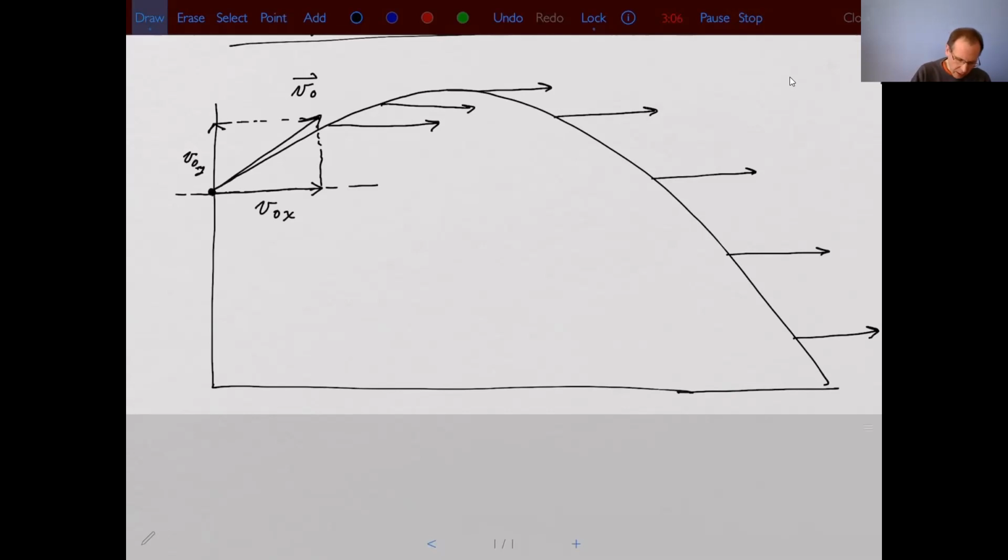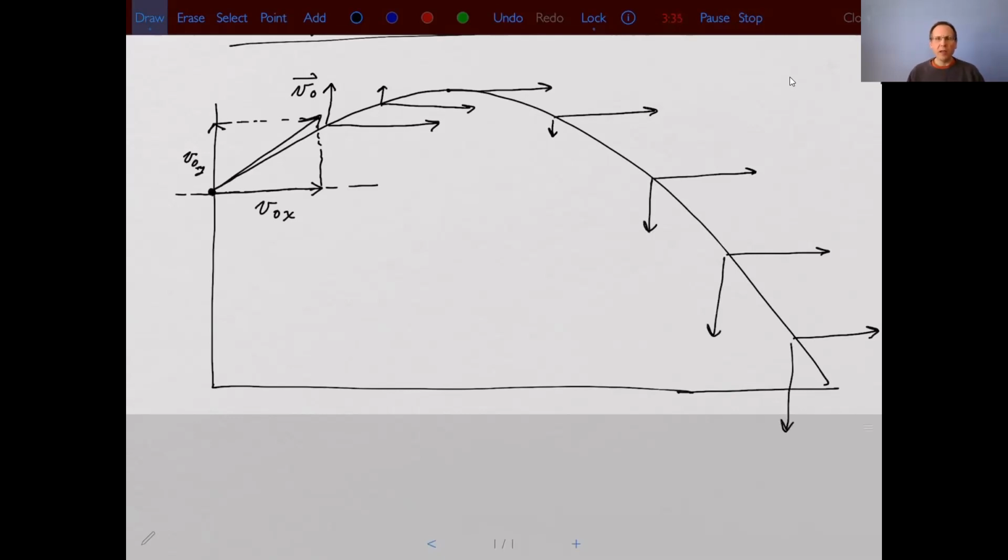So initially, we have this large velocity in the y direction, that v naught y. But then at this point, it's going to be still upward but smaller, right? At the peak, there's no velocity in the y. It's all in the x. And then after the peak, it'll be small negative, then more negative, and so on.